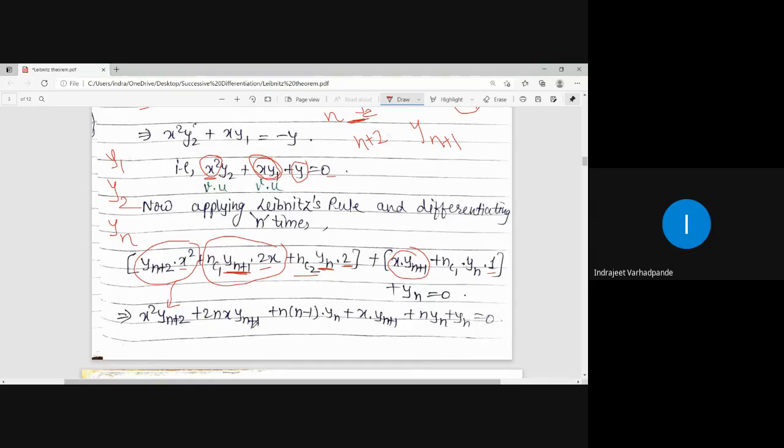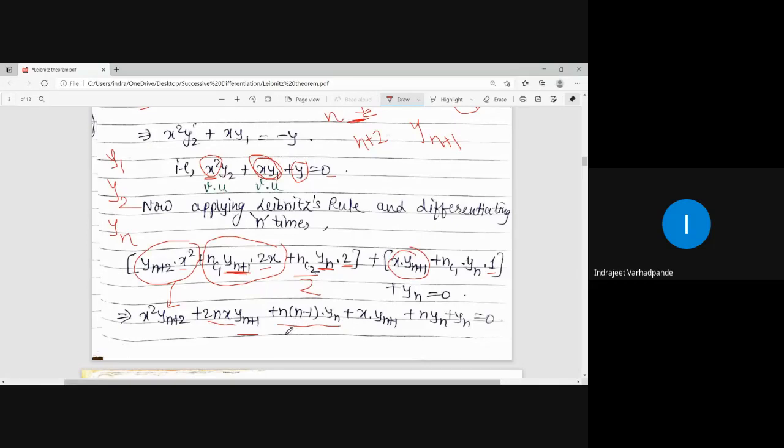So it will be 2nx into yn plus 1 plus, what is nC2? n into n minus 1 upon 2 factorial. What is 2 factorial? 2. That 2 and this 2 get cancelled. So what remains is n into n minus 1 into yn. Clear?